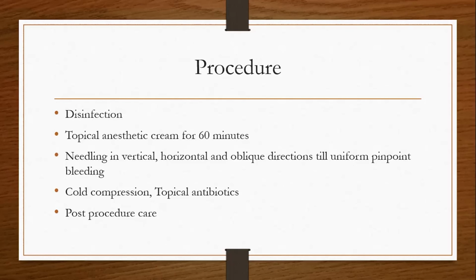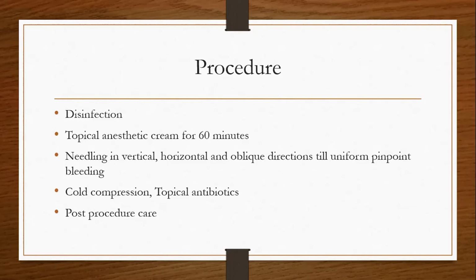Yes, how do we do the microneedling? We initially disinfect the area, and then we apply topical anesthetic cream for at least 45 to 60 minutes prior to the procedure. And then again, we clean the area, drape the area, and then do the microneedling in various directions, basically vertical, horizontal, and oblique directions, till pinpoint bleeding is seen.